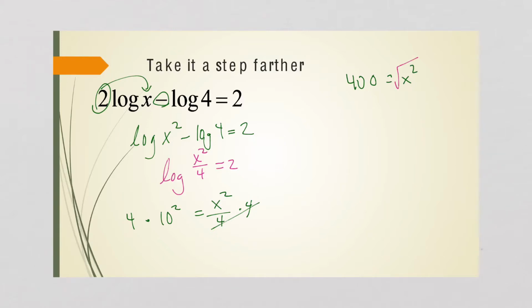If I square root both sides, I get x equals plus or minus 20. And I know that x can only equal positive 20. The reason I know that I can't have that negative part is because I can't take the log of a negative. And if I plug negative 20 in for x, I get an extraneous solution. So x equals 20 is my only answer.